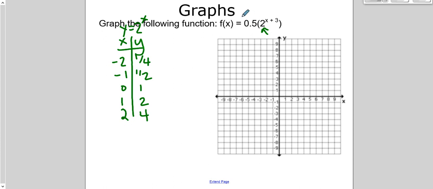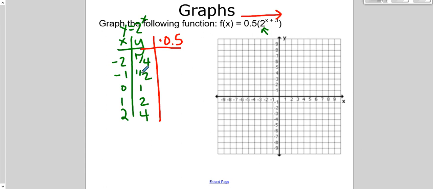And then from there, we want to apply our transformations in the order that they show up. So starting with this 0.5 means that I want to multiply all of my y values by 0.5. Basically, you're going to cut them in half. So that 1/4, I'm going to change to 0.25.